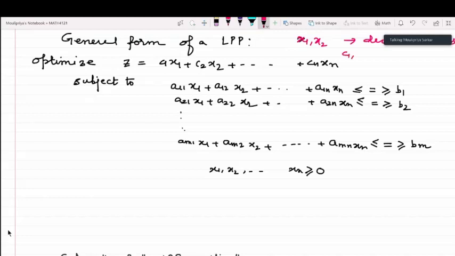This C1, C2 up to Cn are known as the price parameters and this Aij are known as the activity parameters.